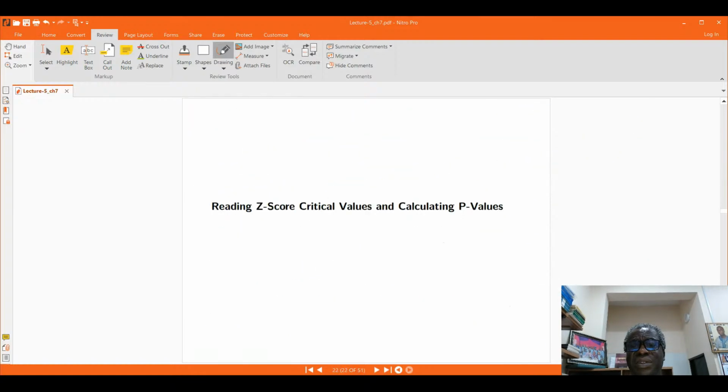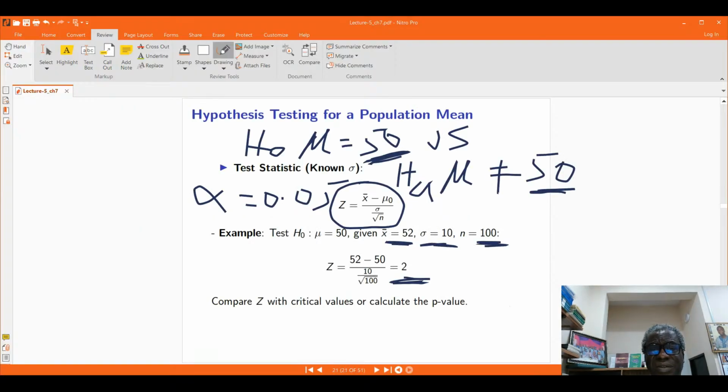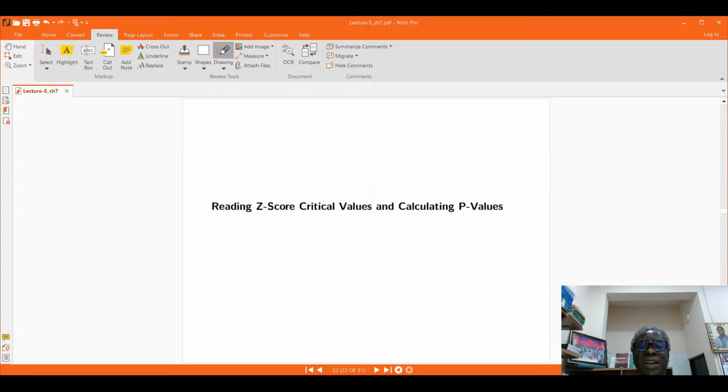So here we will see how to go about getting the critical value or calculating the p-value to enable us take a decision. How do we read the z-score critical values, and how do we calculate the p-values?